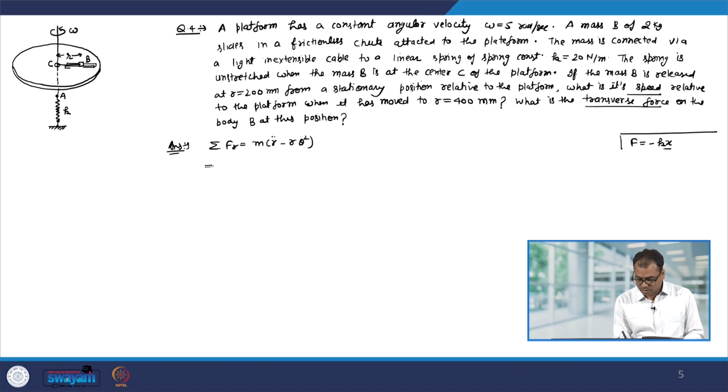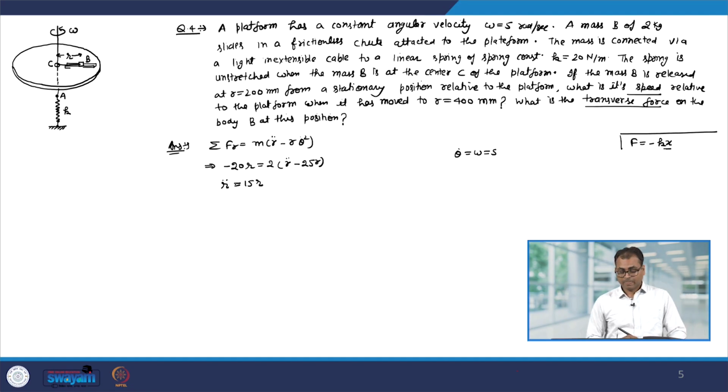Therefore, f r will be minus 20 r, m is also given, r double dot minus r theta dot square, theta dot is equal to omega equal to 5, therefore 5 square r, and from here we can get r double dot. So, r double dot is 15 r.